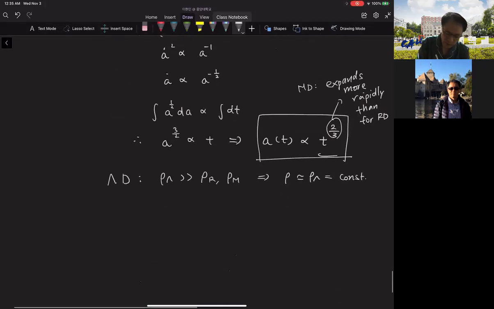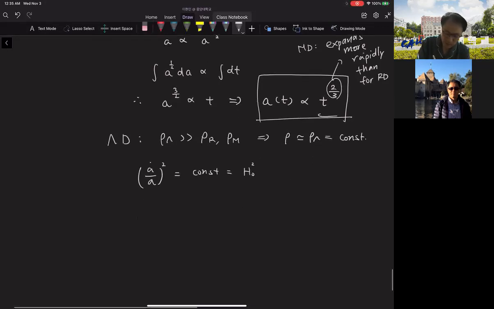So the Friedmann equation again, A dot over A squared is constant. Let me call this constant H0 squared. Then from there, A is proportional to e to the H0 t. So there's an exponential. The scale factor is exponentially growing.